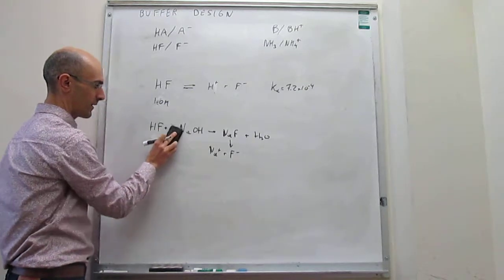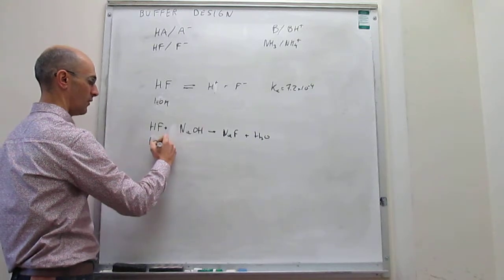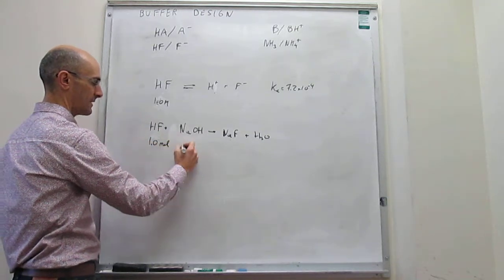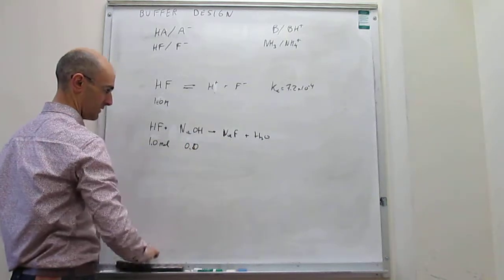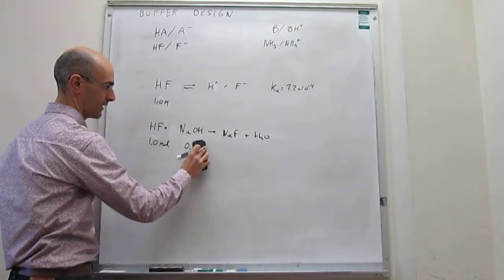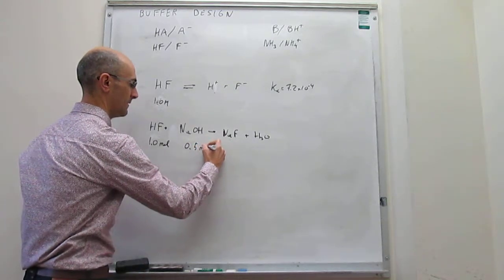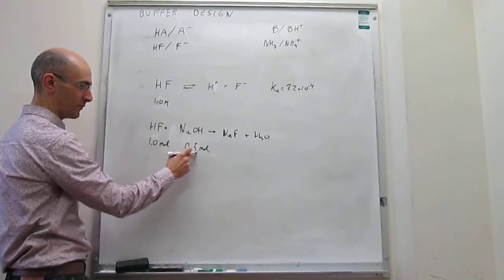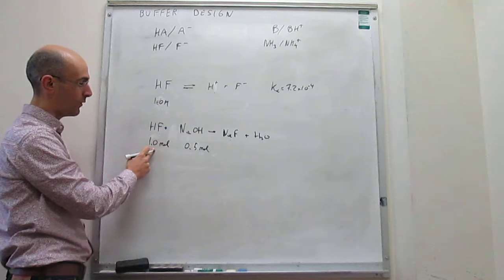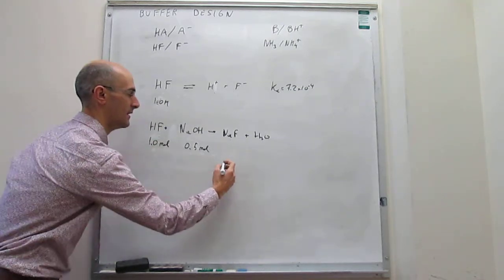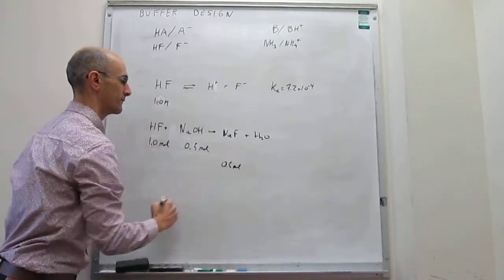So to do this correctly, the way that you would do this is say, well, if I have 1.0 mole of hydrofluoric acid, I need to add 0.5 mole of sodium hydroxide. All right, that is the half equivalent. And what I get at the end of the reaction is that this half mole will react completely with just half of the 1 mole that I have of hydrofluoric acid, and that will provide 0.5 mole of my sodium fluoride.